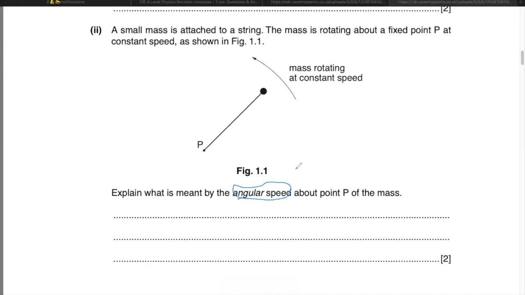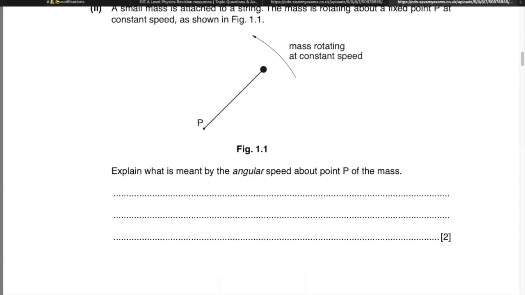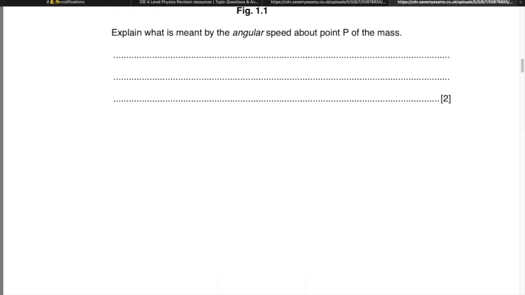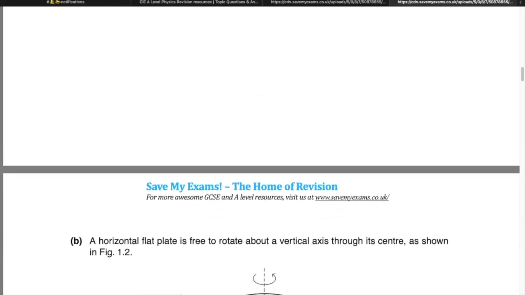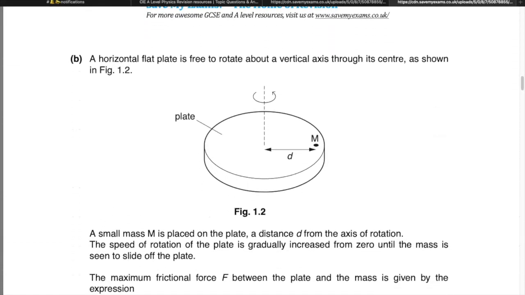I understand your point, but whenever we write the definition, we say angular displacement. I might be wrong since I'm a student myself, but I have never seen an answer that says angular distance. So that's why we're not going to write it, because that can penalize us in the paper. We shouldn't use too much time on simple definitions because the real questions are coming now.